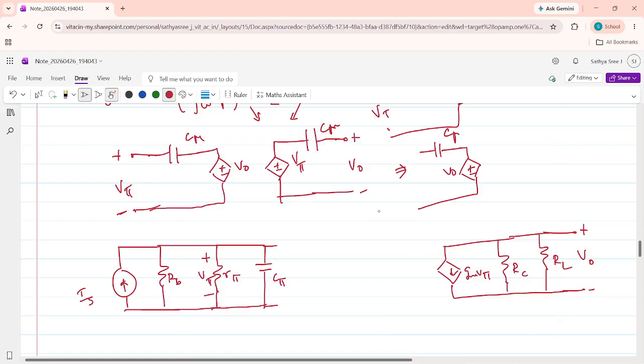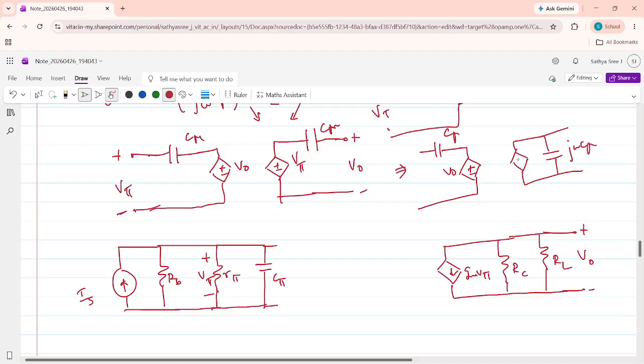You know that a voltage source and an impedance in series can be represented by a current source and an impedance in parallel.